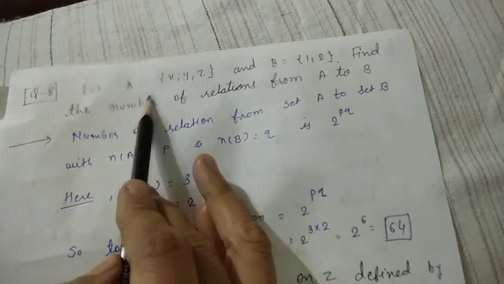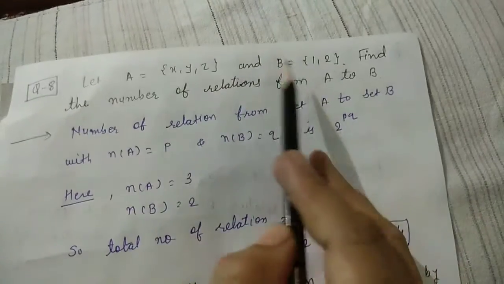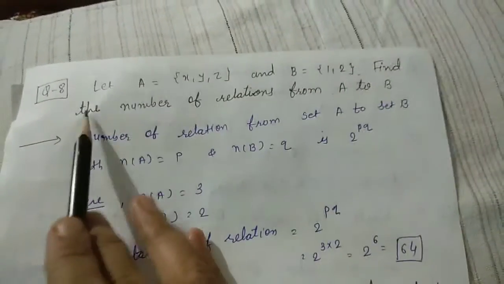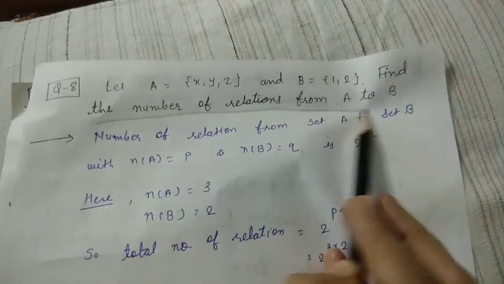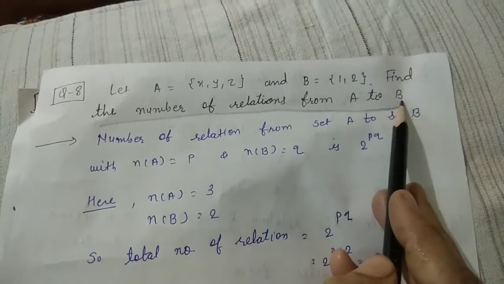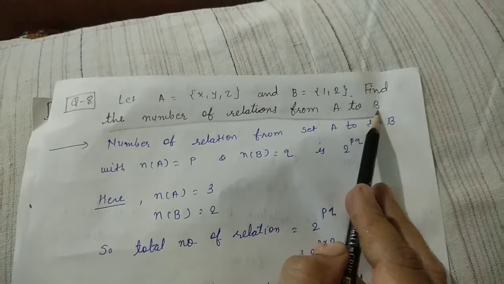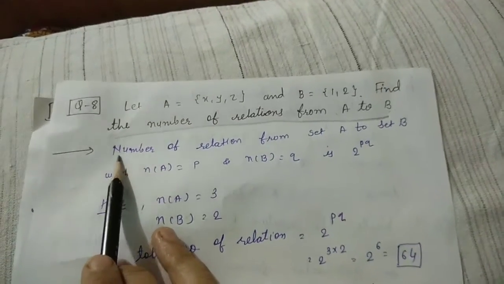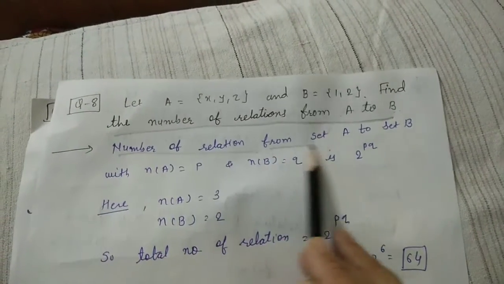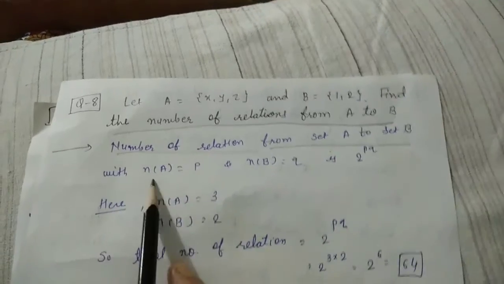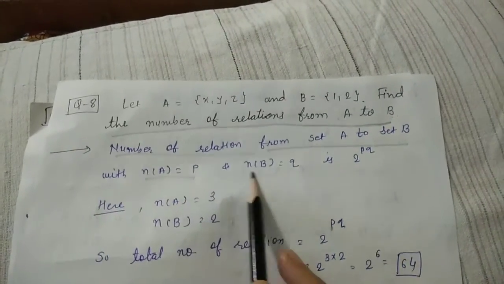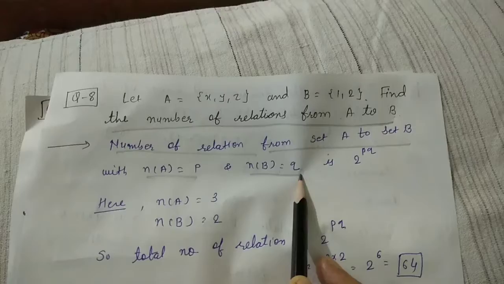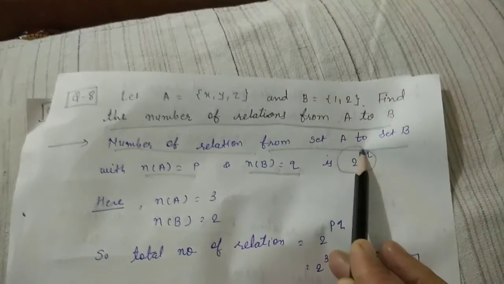Now question number 8. Let A = {x, y, z} and B = {1, 2}. Then find the number of relations from A to B. So we have to find how many relations there will be from A to B. We know that the number of relations from the set A to the set B, with the number of elements of A equal to p and the number of elements of B equal to q, is 2 raised to pq.